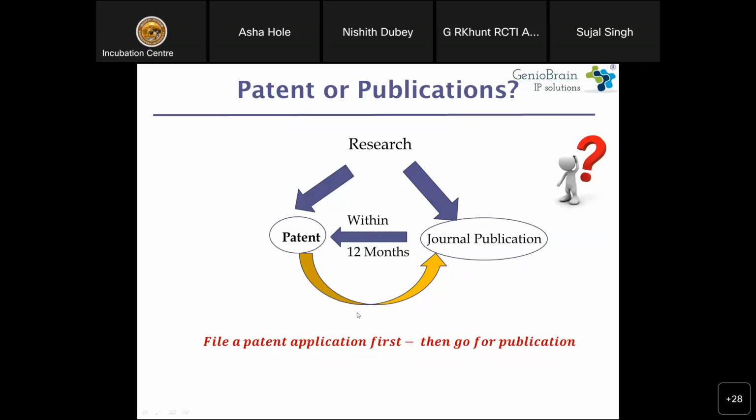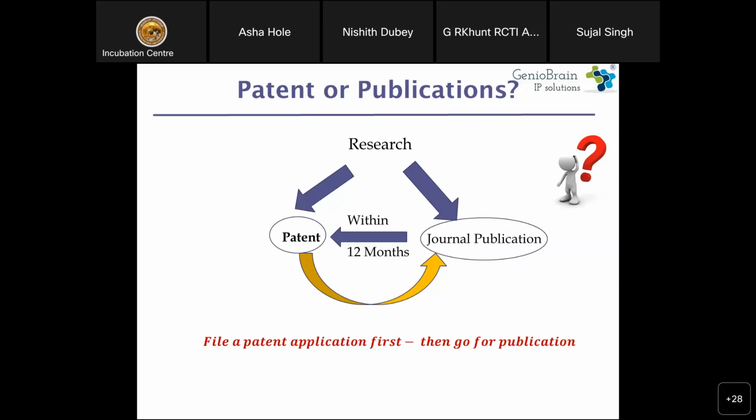I would clearly recommend you to go for the patent first and then the publication. But if a scientist missed filing the patent application and just published the data in the journal, he can still file a patent application, but within 12 months of the publication.